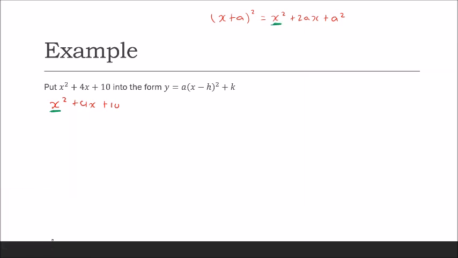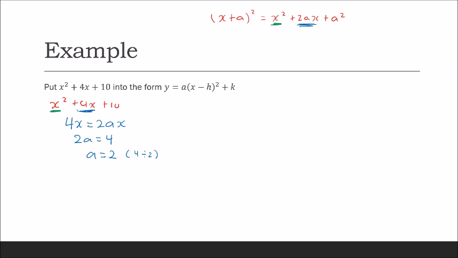Then my 4x matches up with my 2ax. So 2a is equal to 4, because I'm just looking at the coefficients of x, which means a is equal to 2. That's just 4 divided by 2.